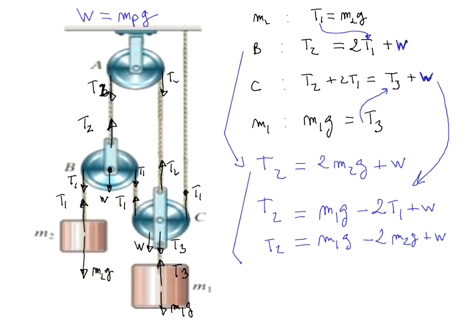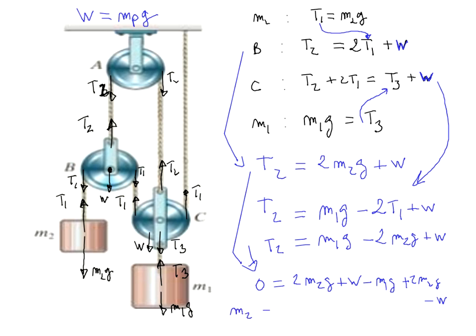And now I can subtract those two equations. So I have 0 is equal to 2M2G plus W minus M1G minus 2M2G plus 2M2G minus W. And I'm solving for M2.